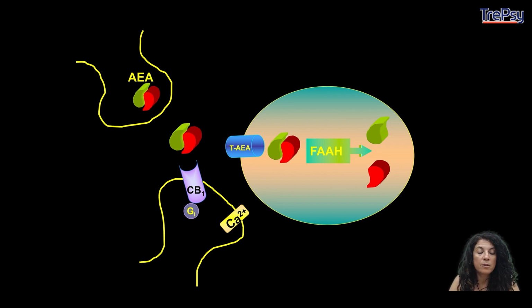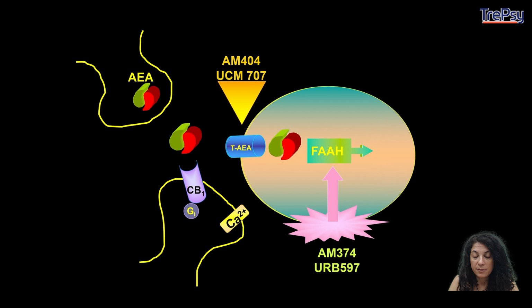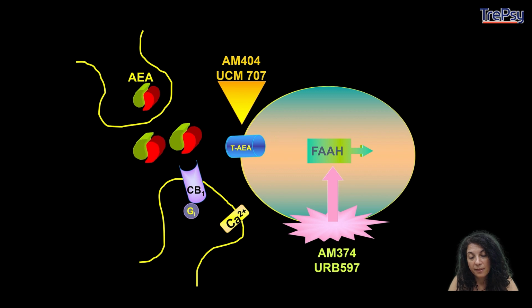So if I want more anandamide in the synaptic space, I need to inhibit its degradation. So I have a specific inhibitor of my transporter or a specific inhibitor of the degradation enzyme. So this specific inhibitor makes it so that I have more anandamide in the synaptic space.